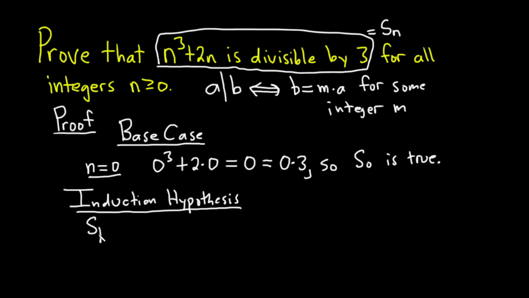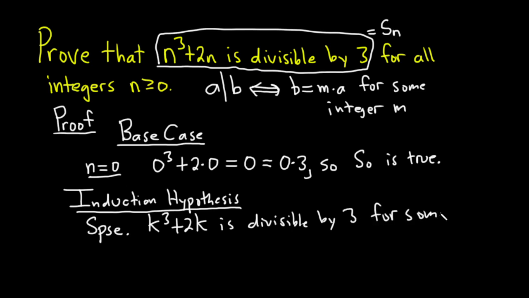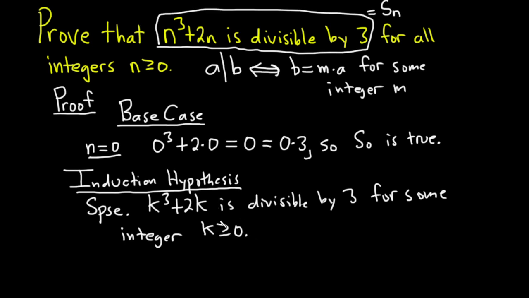So I'll say, suppose that k cubed plus 2k is divisible by 3 for some integer k greater than or equal to 0. It's not positive, because we're allowing 0. So that's called the induction hypothesis.